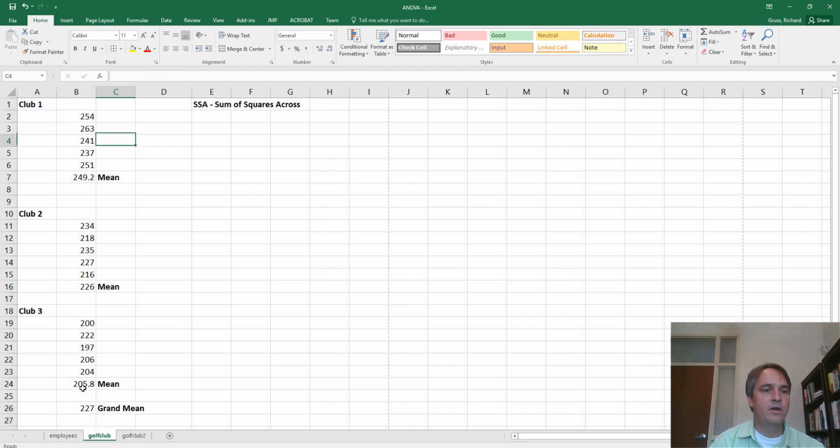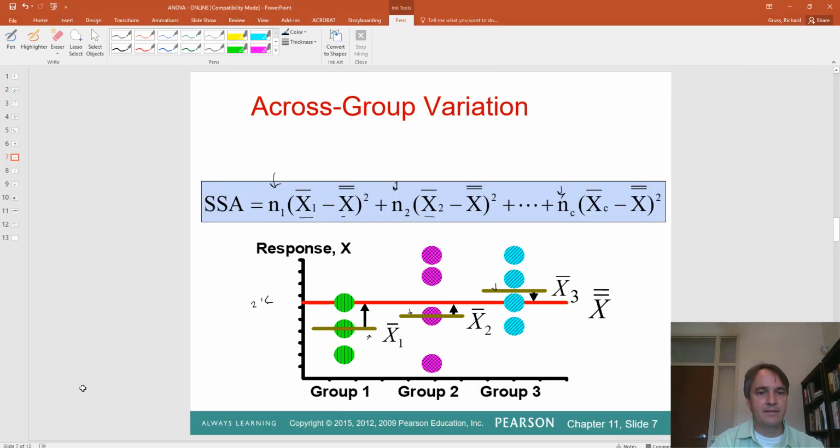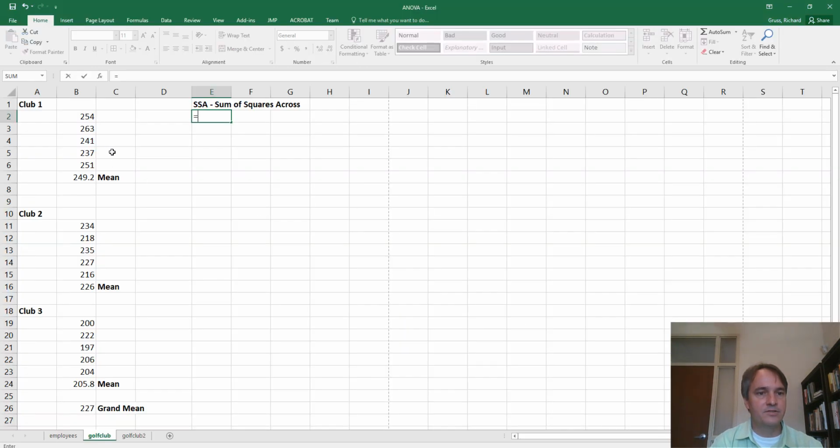Now we want to add up the squared distances of these. We'll do that all in one cell. Of course, we have to multiply by n, which is the size of each group, and all of these are 5.